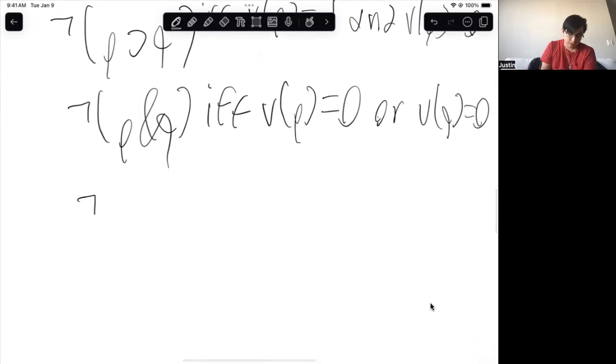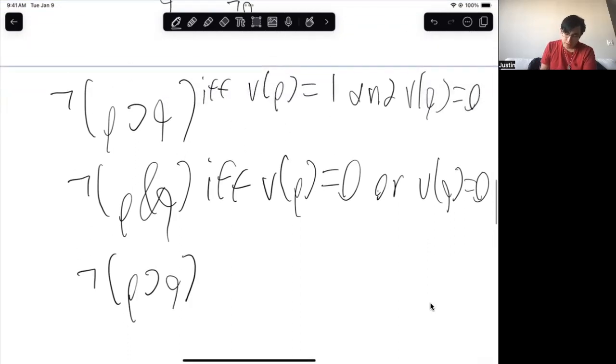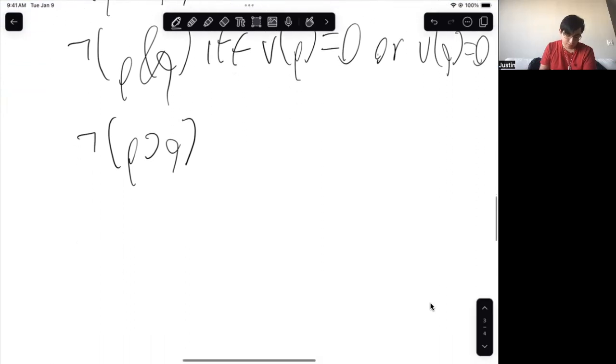So that means that for the negated conditional, it's an and statement: a true antecedent and a false consequent.